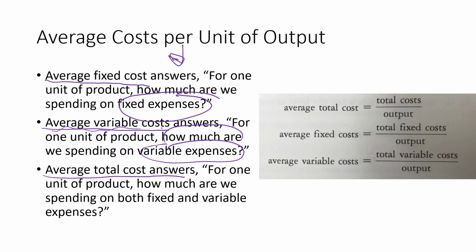And then for average total costs: for 1 unit of product, how much are we spending on both of those costs combined? Our equations to calculate average total cost, average fixed cost, and average variable cost are given here, and it's just the total costs divided by the number of products that we are producing, or the output.